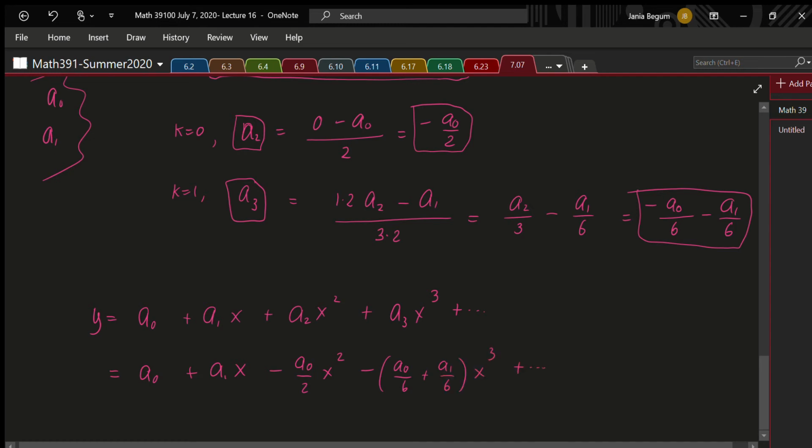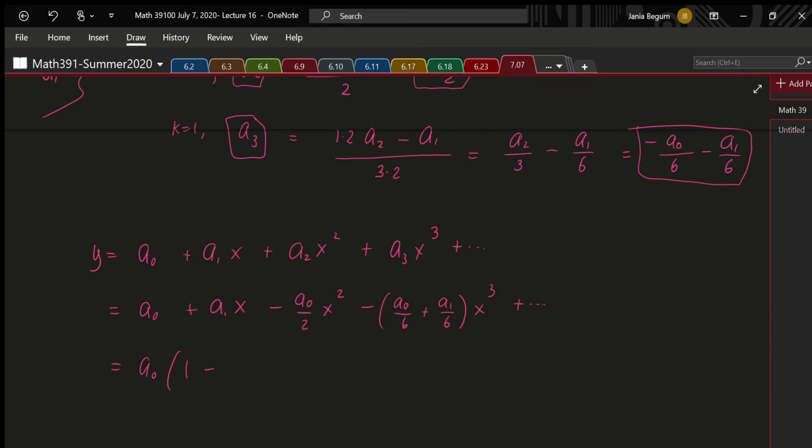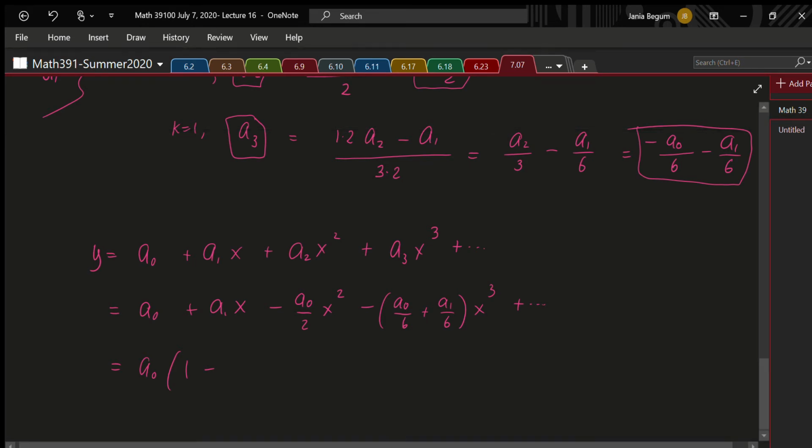And now we kind of put them together as y1 and y2. So I'm going to group them using a0 and a1. So we have a0 times 1 minus, well, I factor a0 out, so I don't need to write that again. So the second term is going to be 1/2 x squared.